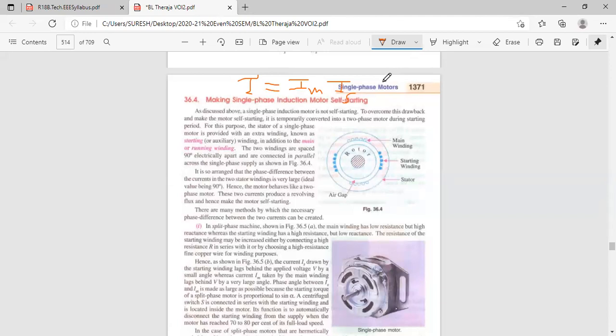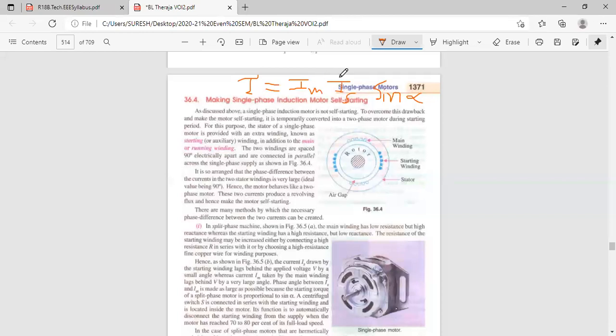Tau is equal to Im Is sin alpha. Now write down, alpha is the angle in between Im and Is.